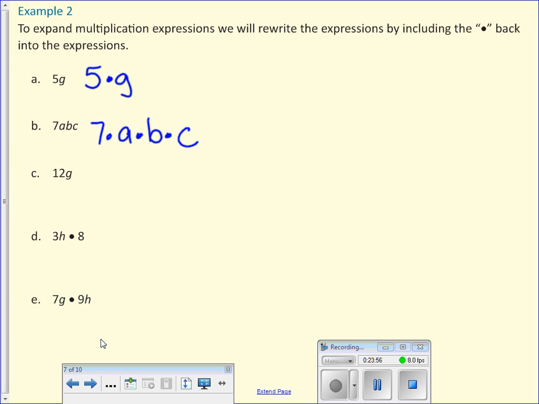What's 12g as a multiplication expression? What's 3h times 8 as a multiplication expression? Awesome! I thought somebody might get tricked on that. What's 7g times 9h? Very good. I'm impressed, boys and girls.